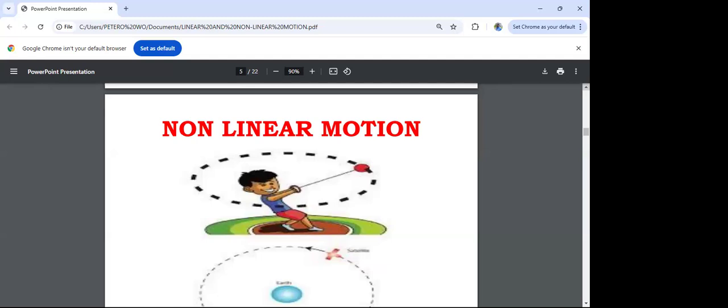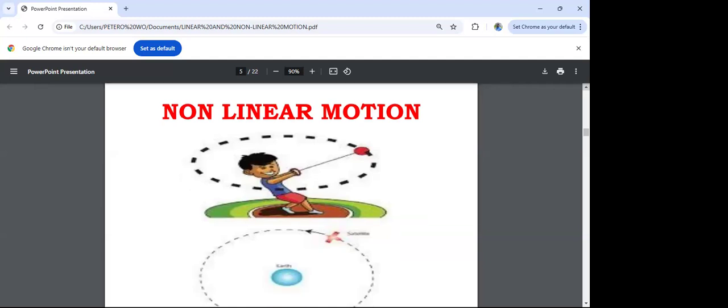All of us have very correct definitions, and we are going to come up with one that we will write later. Then below on our screen, we are seeing two other objects, but these ones are under non-linear motion.